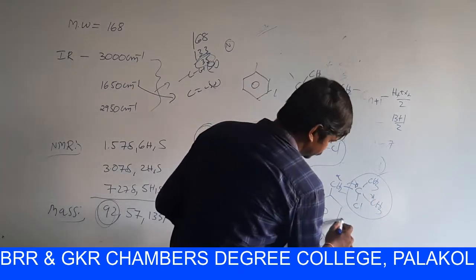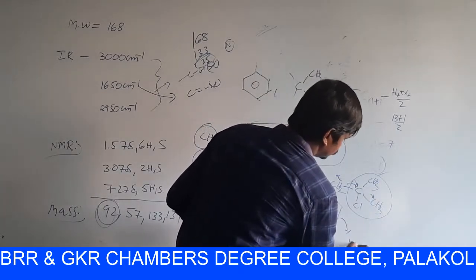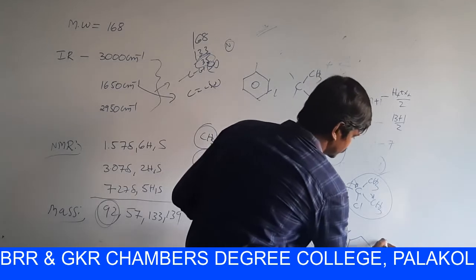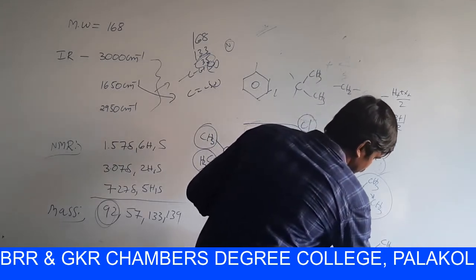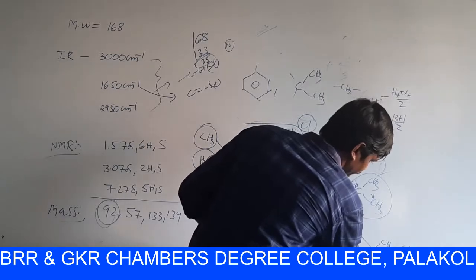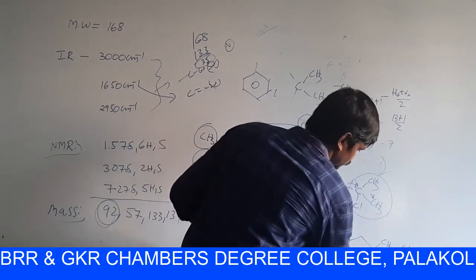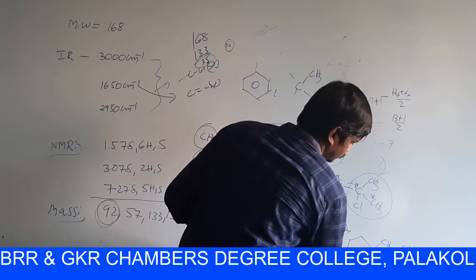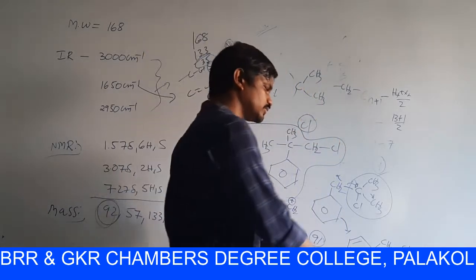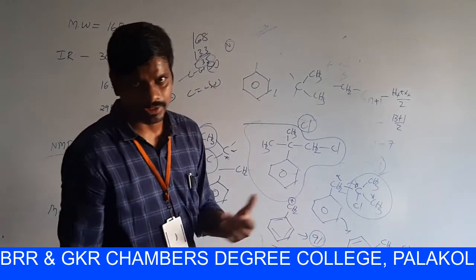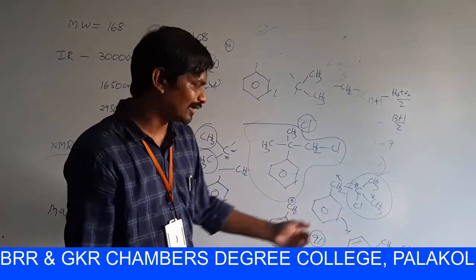Then we can show a McLafferty rearrangement: CH2, C, CH3, CH3, Cl, CH3. So if it undergoes McLafferty rearrangement, already in mass spectrometry we are well known with McLafferty rearrangement.